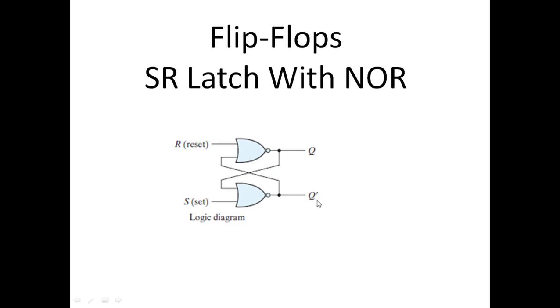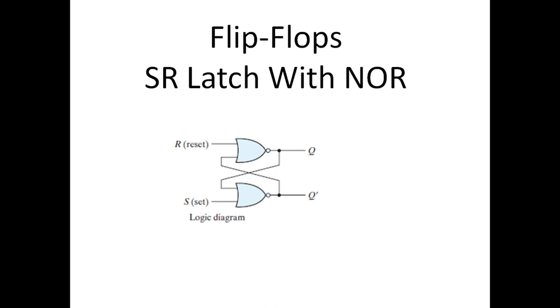For all valid outputs, Q is the complement of Q prime, so they are the complement of each other. If they are not complements of each other, then such outputs are indeterminate or invalid outputs. So this is a simple SR latch with two inputs implemented with NOR gates and two outputs.